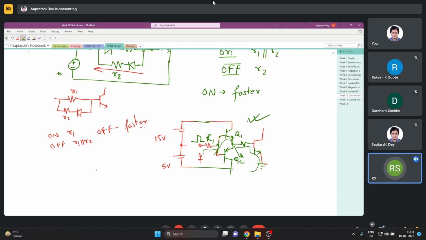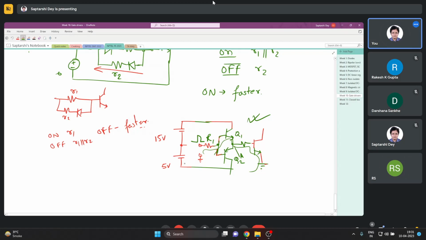Similarly, when Q2 is on, it flows through the opposite, through R1 and ground, and then through the IGBT. So all the energies in the capacitors are dissipated in the resistors during turn off.